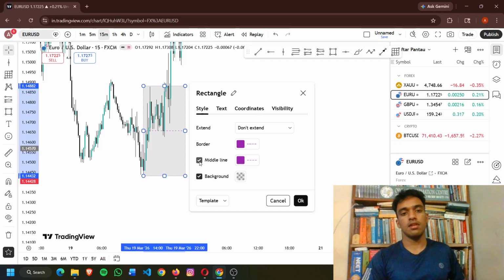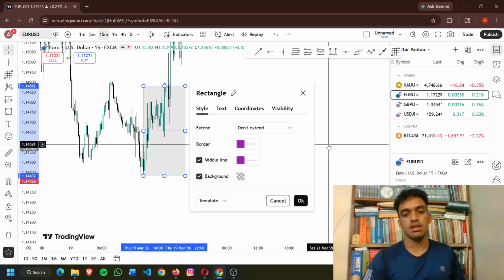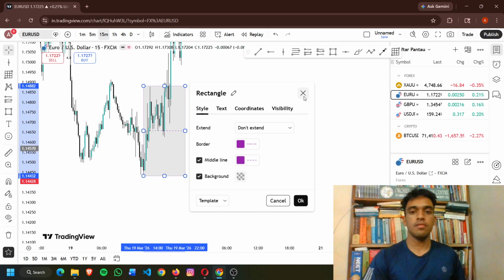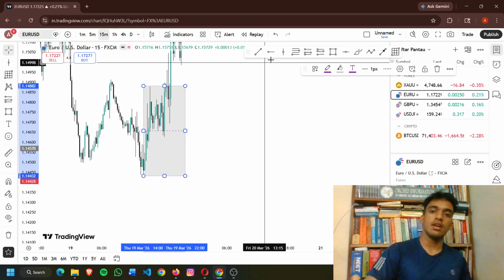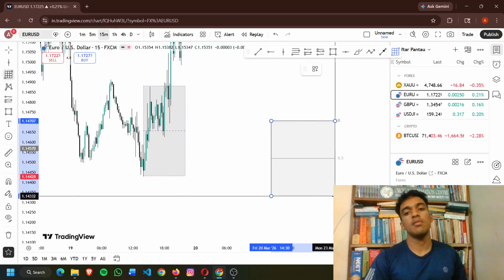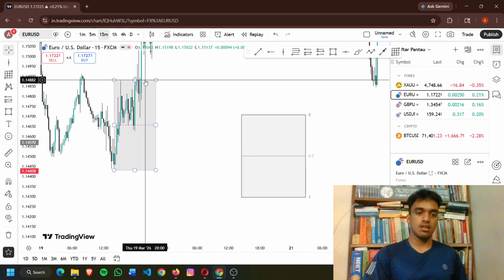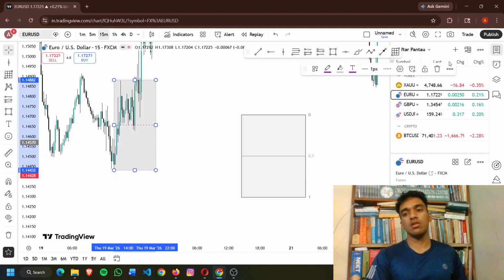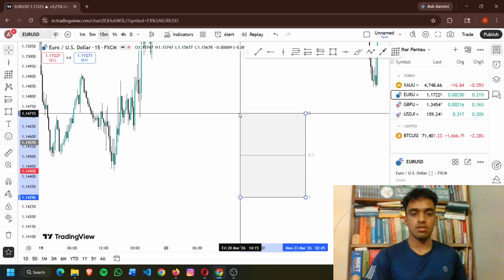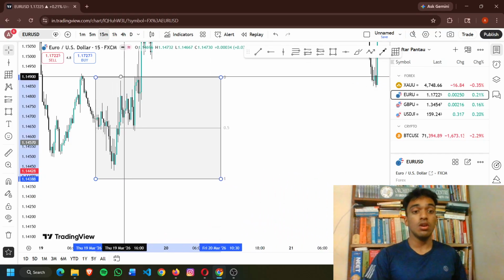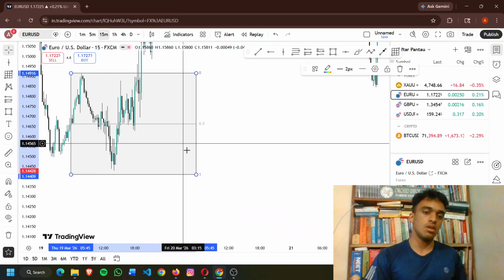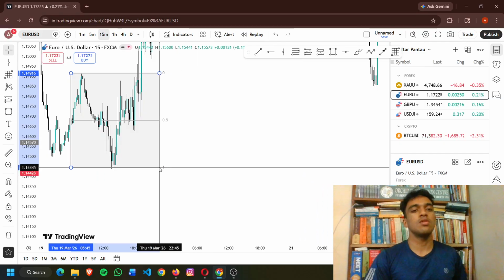If it's unticked, you just have to put a tick so that this line will come. That is a 50% mark. You don't necessarily have to use the Gann box. Gann box is also easier to understand. So I will use either the rectangle or the Gann box. You can also use the Fibonacci retracement too. But I prefer you guys go for these.